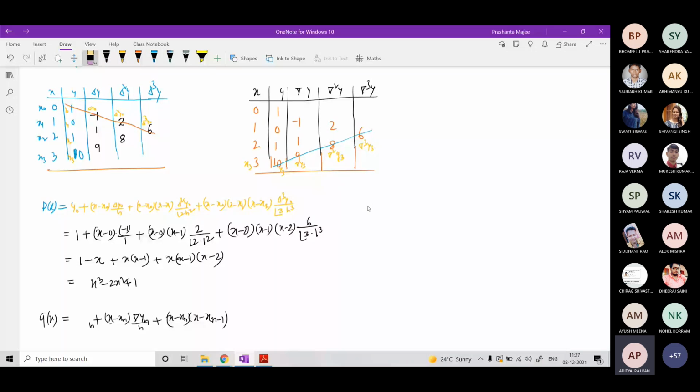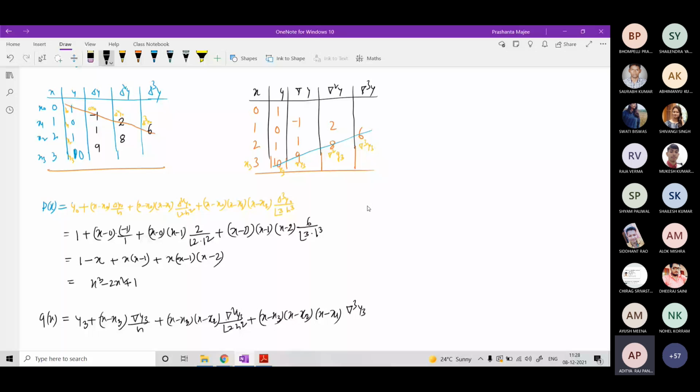So it will be y3 plus (x minus x3) into nabla y3 by h, plus (x minus x3)(x minus x2) nabla square y3 by factorial 2 h square, plus (x minus x3)(x minus x2)(x minus x1) nabla cube y3 by h cube factorial 3.